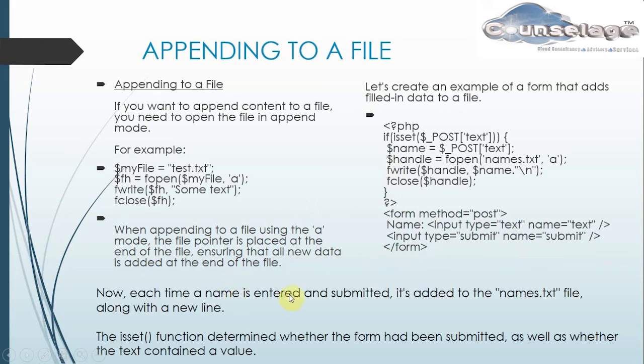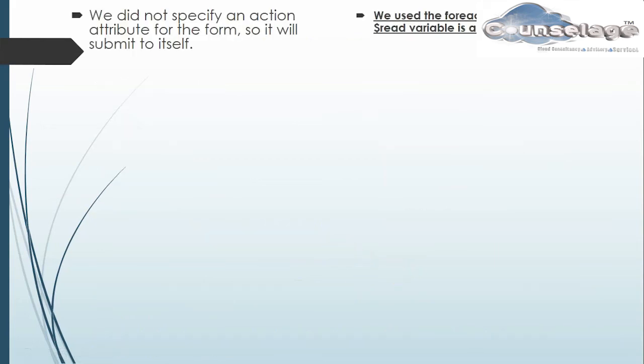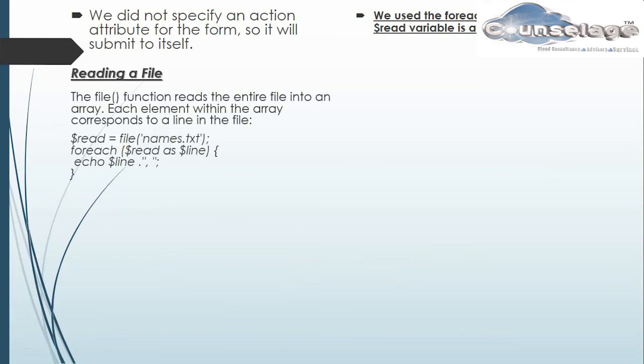Now each time a name is entered and submitted, it's added to the names.txt file along with a new line. The isset function determines whether the form has been submitted as well as whether the text contains a value. We did not specify an action attribute for the form, so it will submit to itself. We use the foreach loop because variable read is an array.